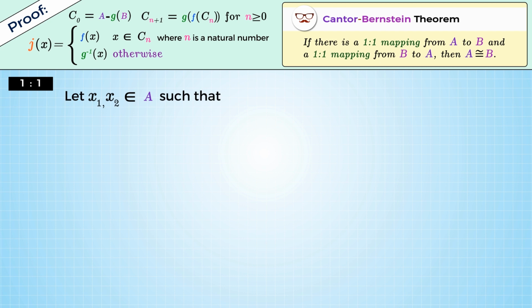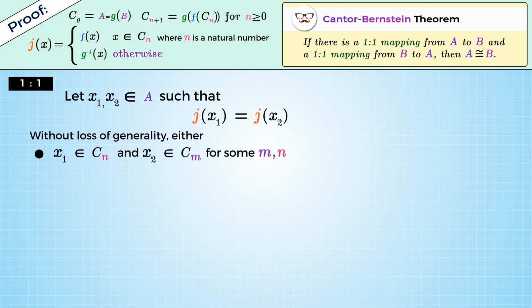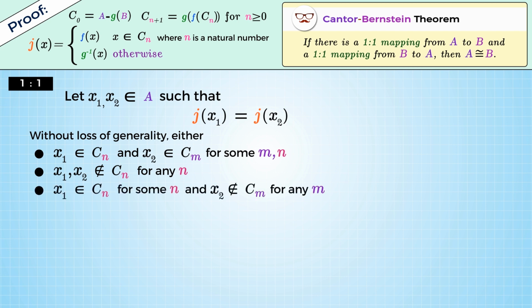Let x1 and x2 be in A, such that J(x1) equals J(x2). Well, without loss of generality, either x1 is in Cn and x2 is in Cm for some m and n, x1 and x2 are not in Cn for any n, or x1 is in Cn for some n, and x2 is not in Cm for any m.